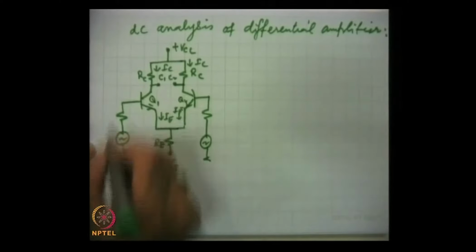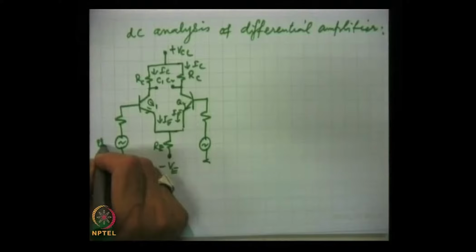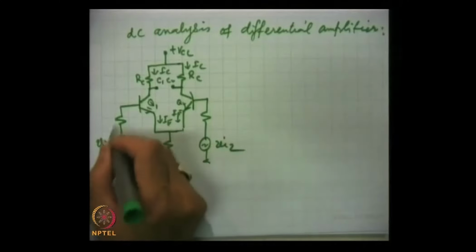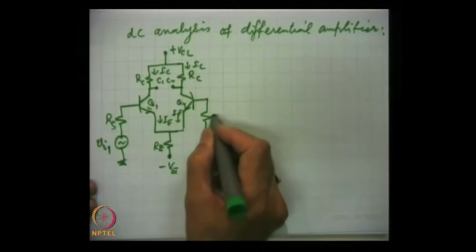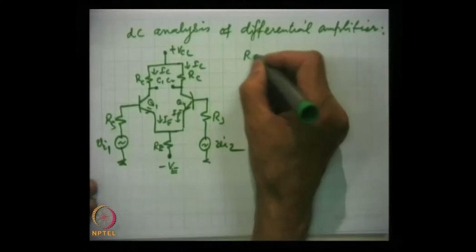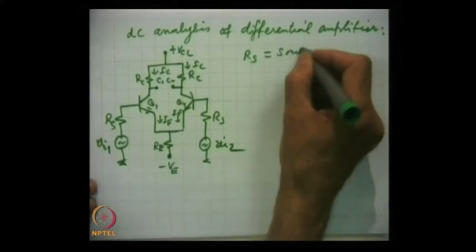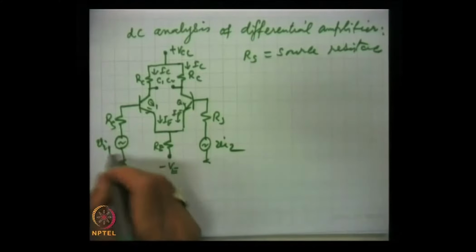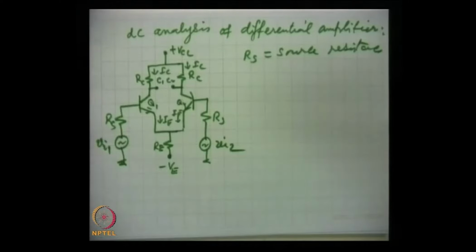This is the first source Vi1, Vi2, and this is the source resistance Rs, the source resistance of this signal source, which is normally small.